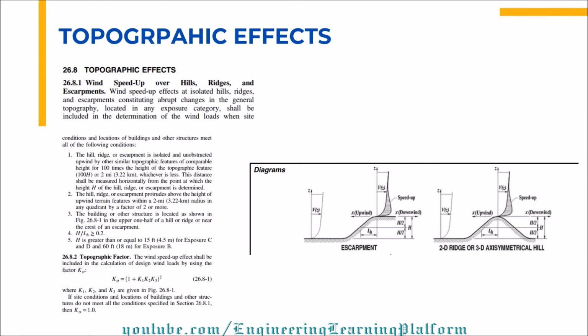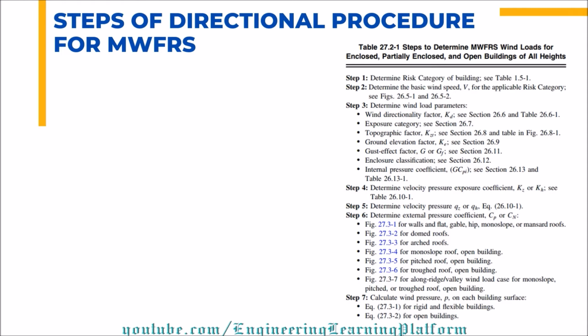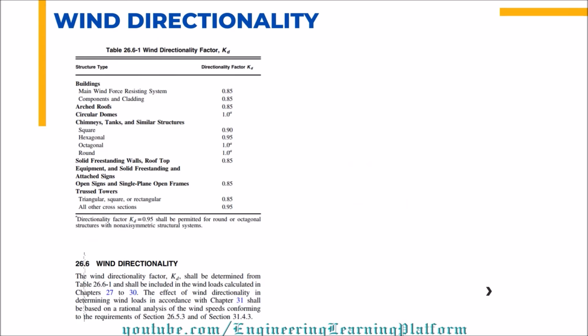Now the next thing is the velocity pressure coefficient. The exposure coefficient we have calculated. Let us see the velocity pressure, QZ or QH.